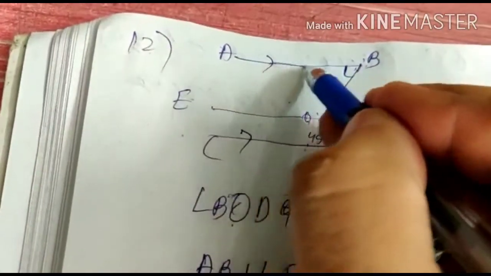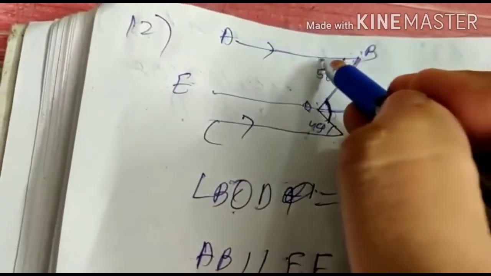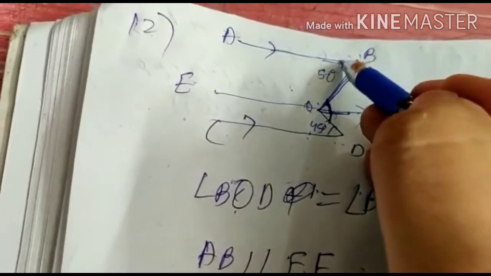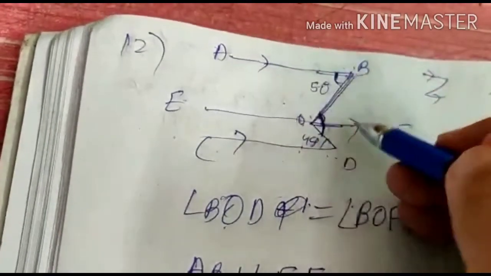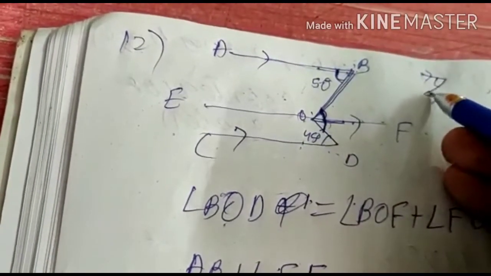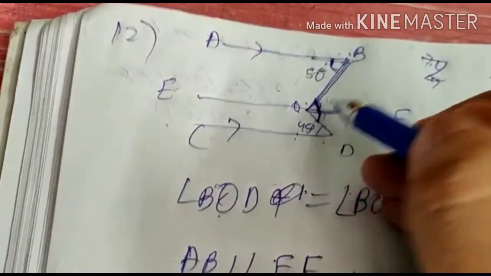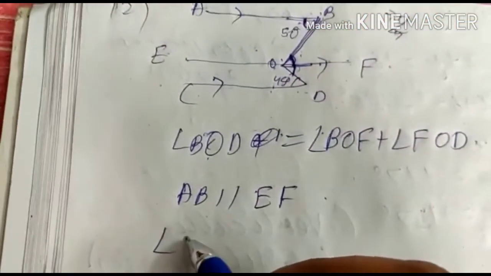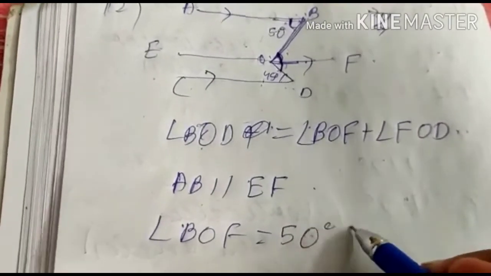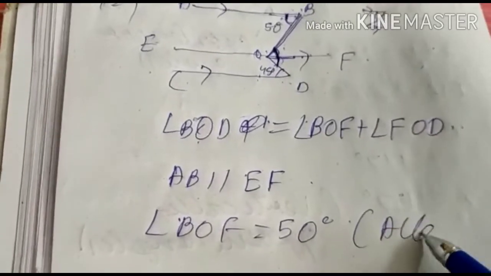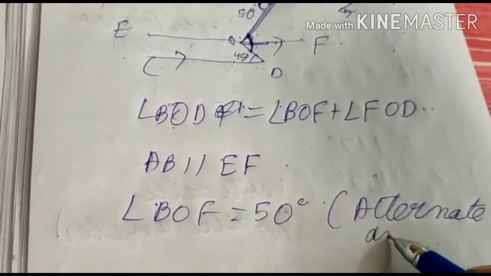So this is forming a Z here, and these are the interior angles of the Z. In this Z, these two lines are parallel, so these angles will be equal. This is 50 degrees, so this will also be 50 degrees. So angle BOF equals 50 degrees.